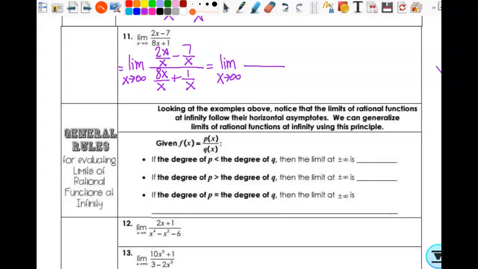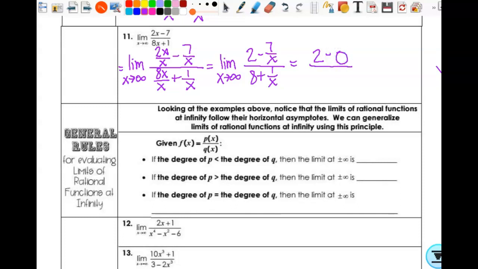So 2x over x is just 2 minus 7 over x. And this will be 8 plus 1 over x. So now I'm going to evaluate my limit. 2 is just 2. The limit of 7 over x as x approaches infinity is what?